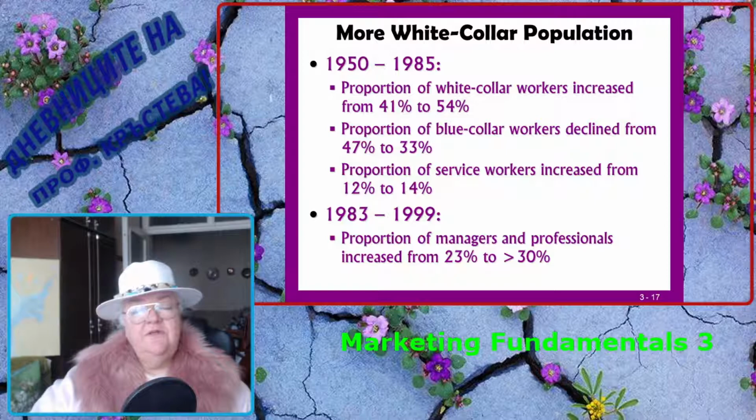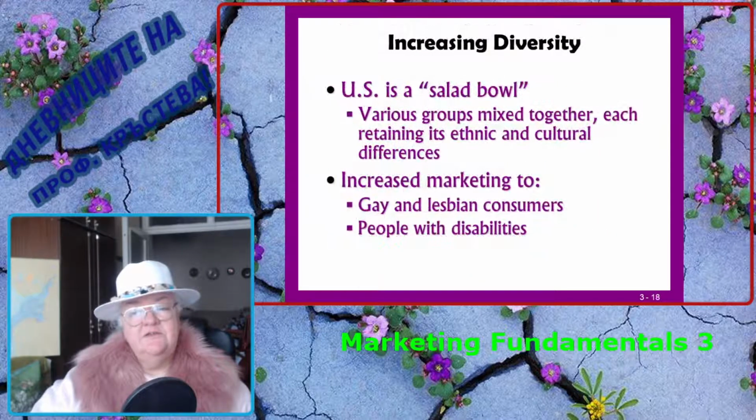For the period of 1950 to 1985, the proportion of white-collar workers increased from 41% to 54%. The proportion of blue-collar workers declined from 47% to 33%. The proportion of service workers increased from 12% to 14%. For the period of 1983 to 1988, the proportion of managers and professionals increased from 23% to more than 30%.